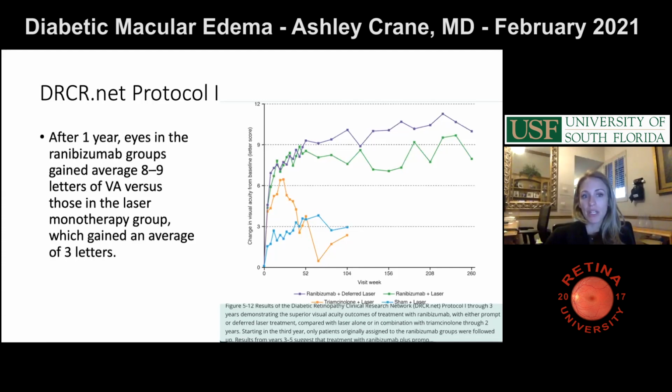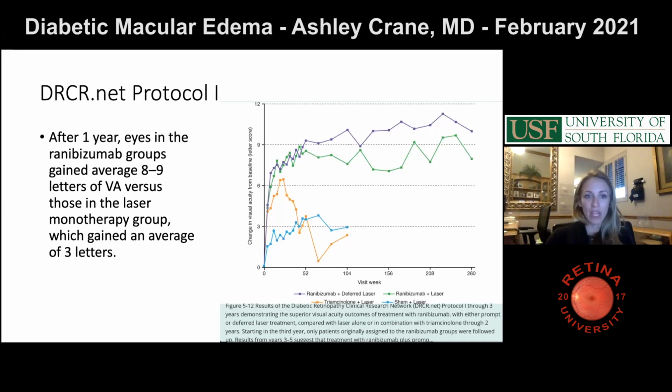After 1 year, the eyes in the ranibizumab groups gained an average of 8 to 9 letters, which you can see there on the vertical axis, versus those in the laser monotherapy group, which gained more around 3.